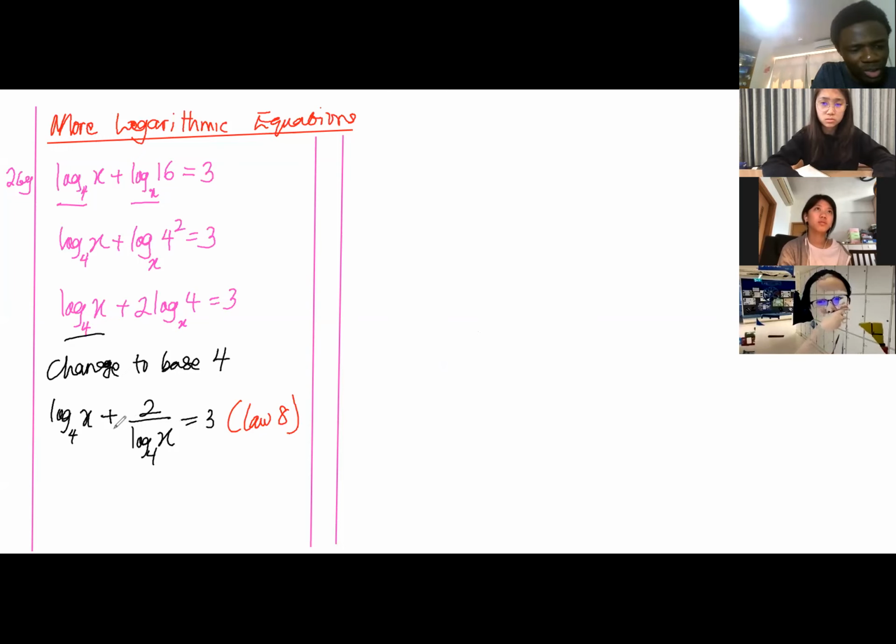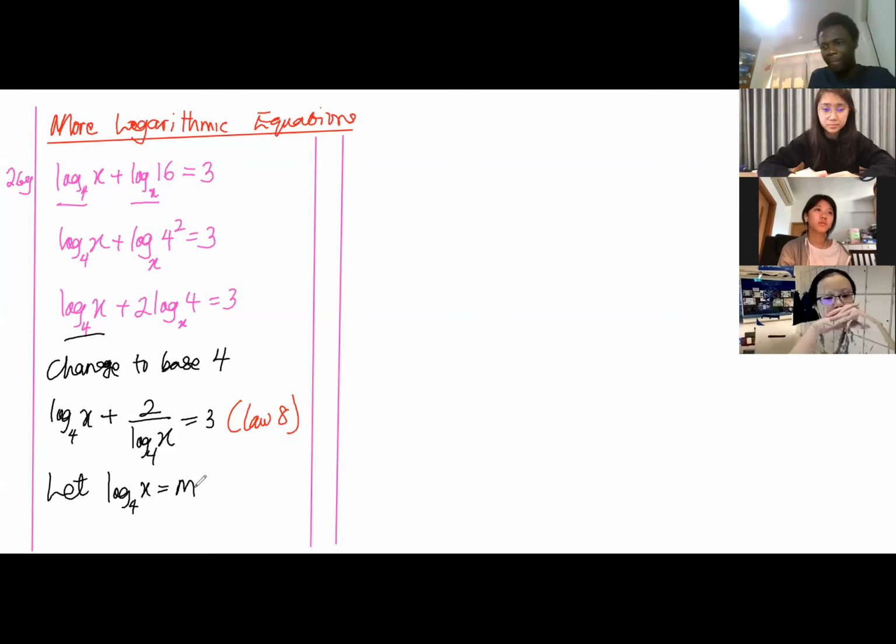What you need to do is to let that log that looks consistent be some variable m. Some can do it without that. Then the whole equation becomes m plus 2 over m equals 3.